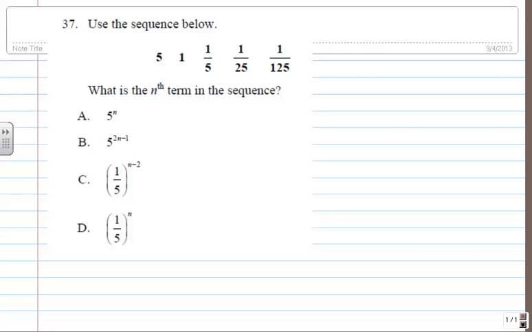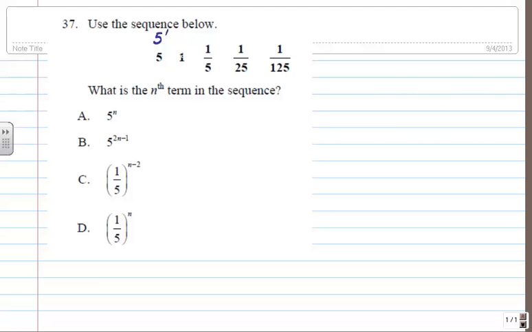What you have to do for this type of problem is, first of all, see if you can write any one of your given terms as a power of the same base, and in this case that base would be 5. So let's try that. How can I write 5 as a power? Well, 5 as a power is actually 5 to the power of 1.